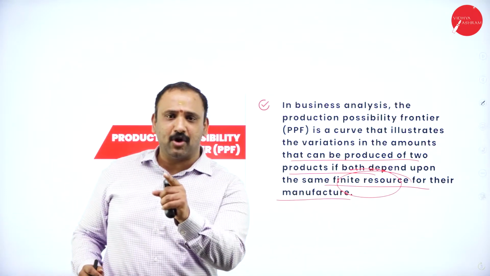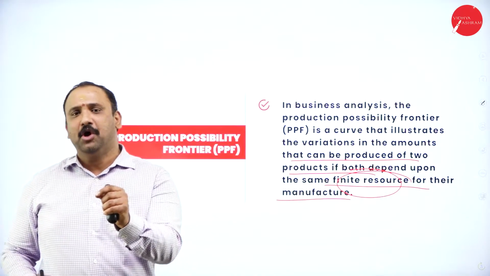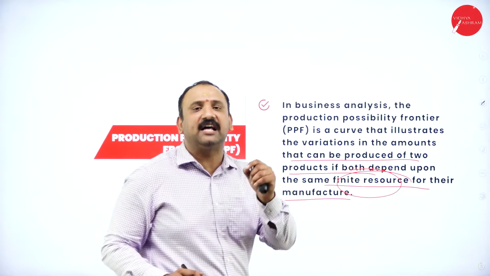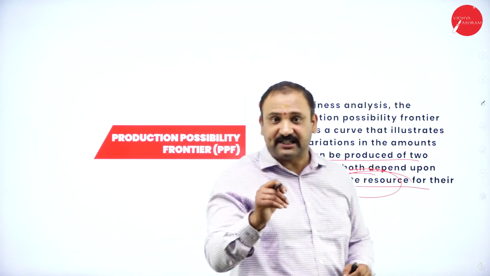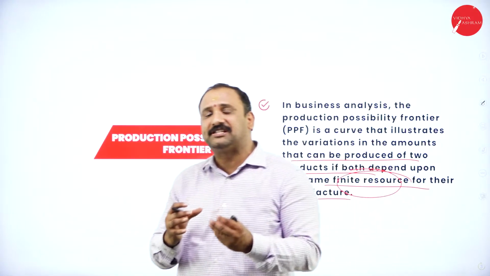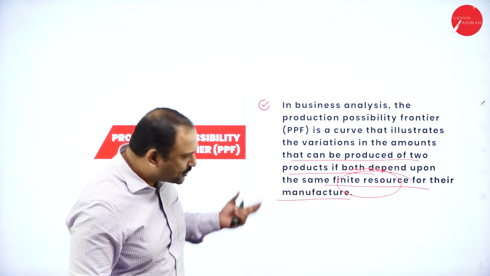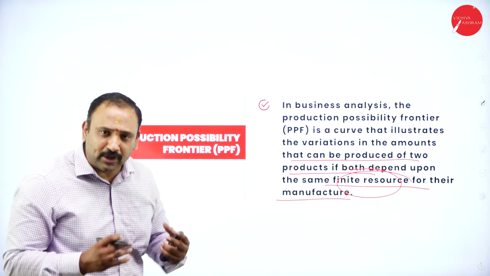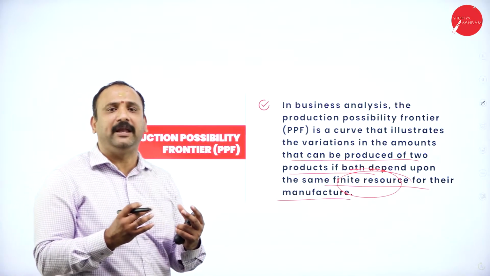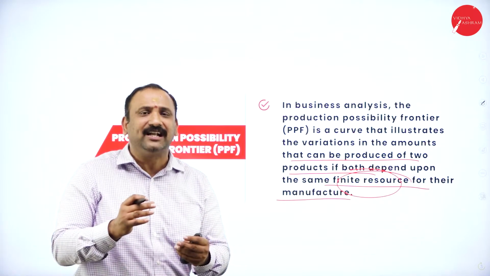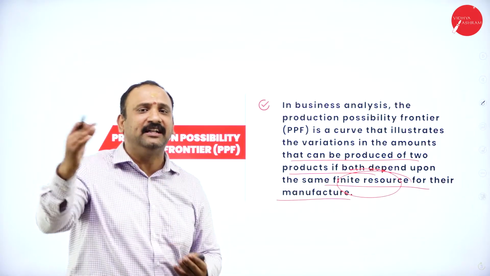In microeconomics, at the beginning itself, we have learned this concept that resources are limited. That is the reason there is a problem of choice in economics. So when I say the resources are limited, the production will also have to be on a judgmental, limited basis. You cannot take the production to an unlimited scenario.